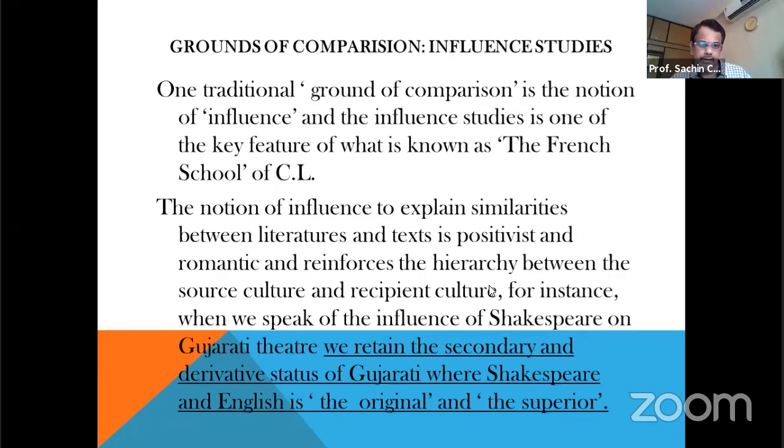You find similarities and all that. And it's also very romantic, because romantics talk about the whole idea of genius and originality, the ideas which were not so prevalent in Indian society before English education came here. We didn't make a big deal about originality. And originality is a romantic idea, and there is no such thing as originality.